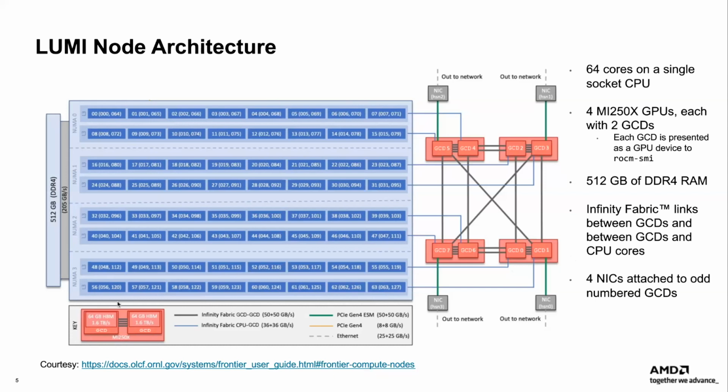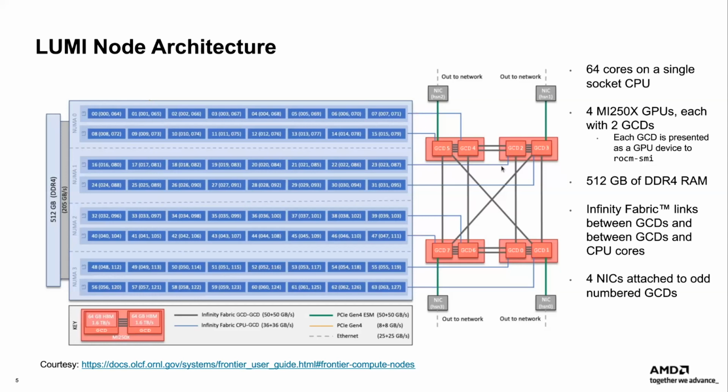And each GPU, in turn, consists of 2 graphics compute dies. Those are GCDs. And those GCDs are connected with high-speed Infinity Fabric links. We also see that each GCD is connected to a set of 8 CPU cores via a high-speed fabric link.